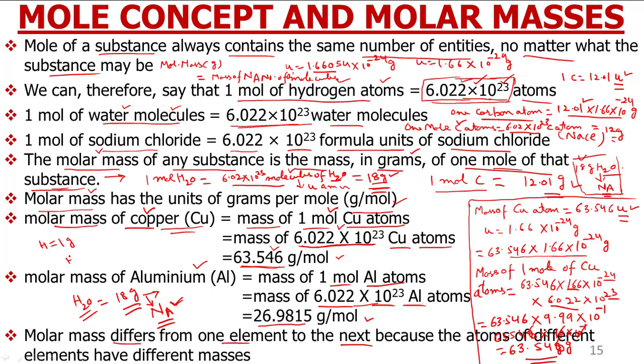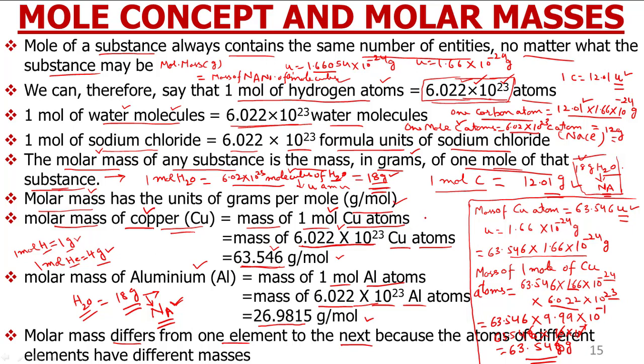For helium, molar mass is 4 gram. 1 mole of hydrogen atoms is 1 gram and 1 mole of helium atoms is 4 gram. Even though both hydrogen and helium have the same number of atoms, Avogadro number of atoms, their weight is different. Why? Because the weight of an individual atom of hydrogen and helium is different.